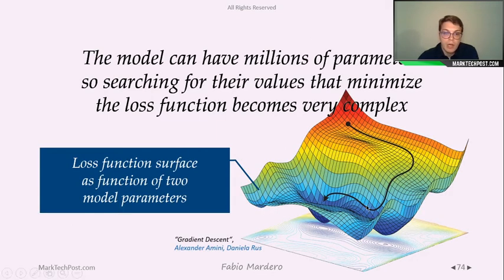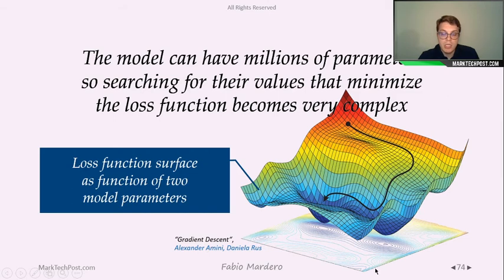For example, here we have what is called a loss surface as a function of two model parameters. For example, a linear regression model could have this loss function surface. Again, here we use the term loss, as in machine learning, but we are referring to the risk function, the empirical risk function. So here, the z-axis is the risk function with respect to the x and y axes, which are the values taken by the two parameters.